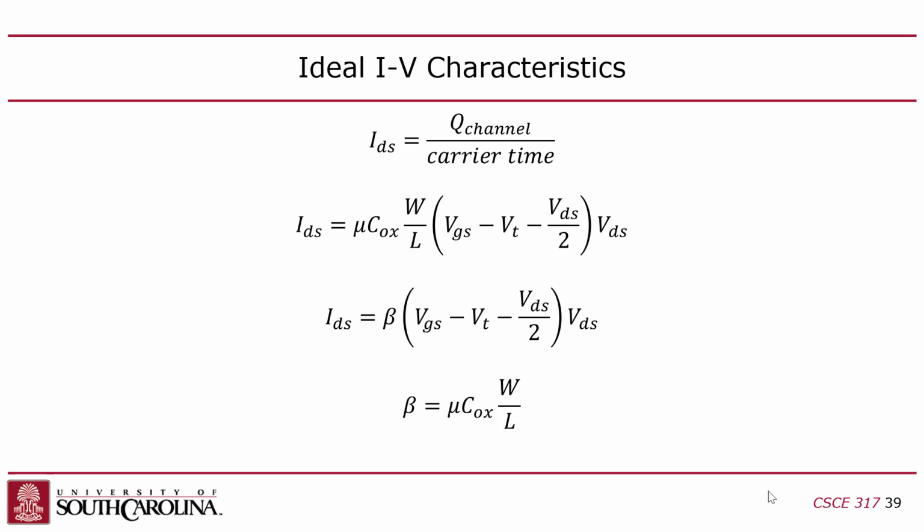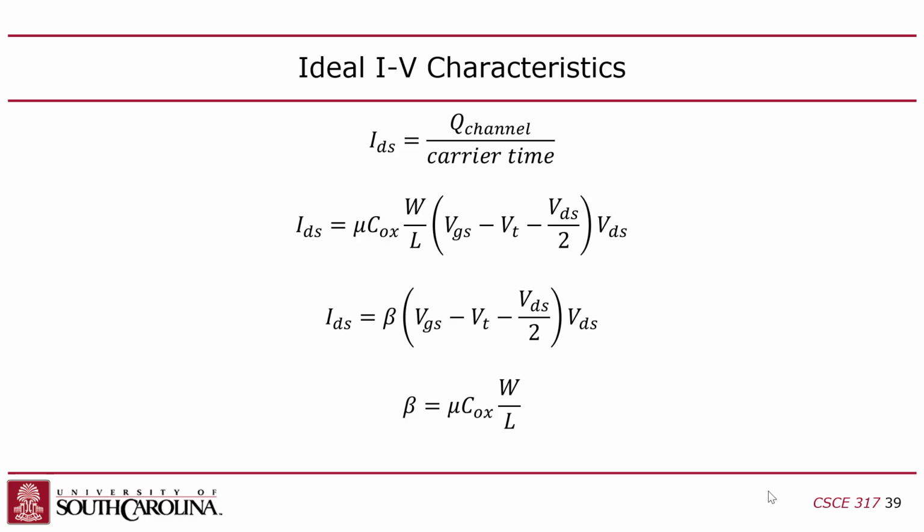Then you have this beta, which is a mixture of the carrier mobility mu and the capacitance of the oxide, the glass that's underneath the gate. These are technology-dependent things. You can't change these. But then you have the width and the length. Those are not technology dependent. That's up to the designer.